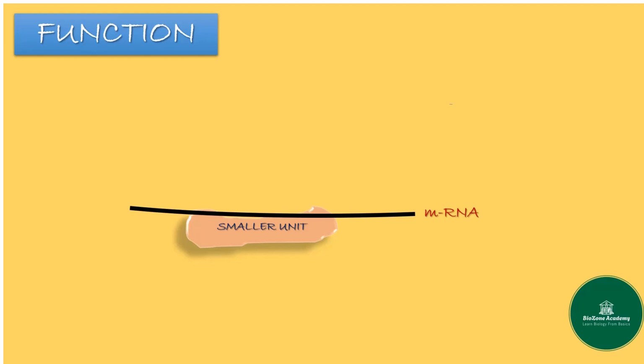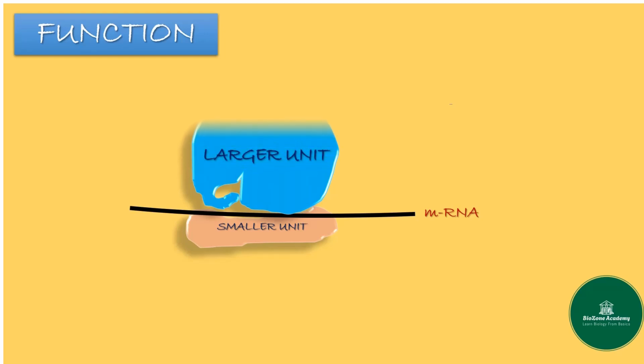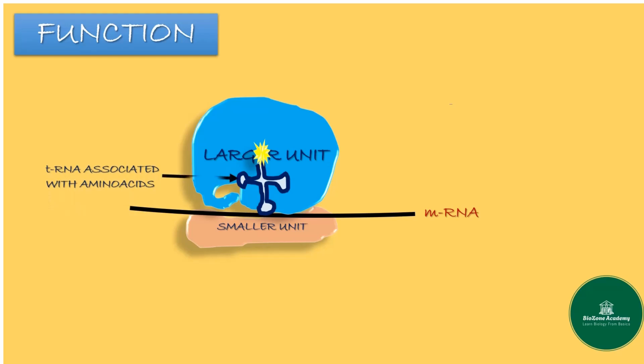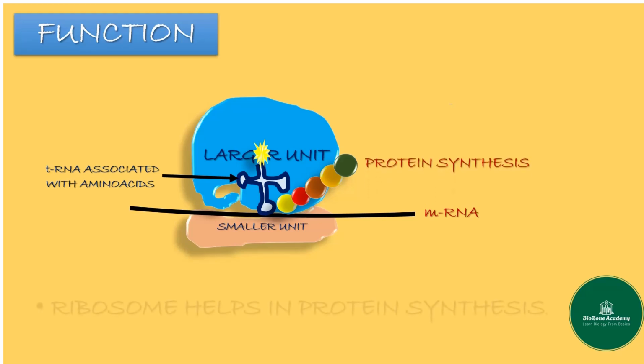When the suitable position is found by the smaller subunit, the larger subunit combines with the mRNA and smaller subunit complex. Upon the binding of the larger subunit, the tRNA associated with amino acids binds with this complex and lastly the protein synthesis takes place.